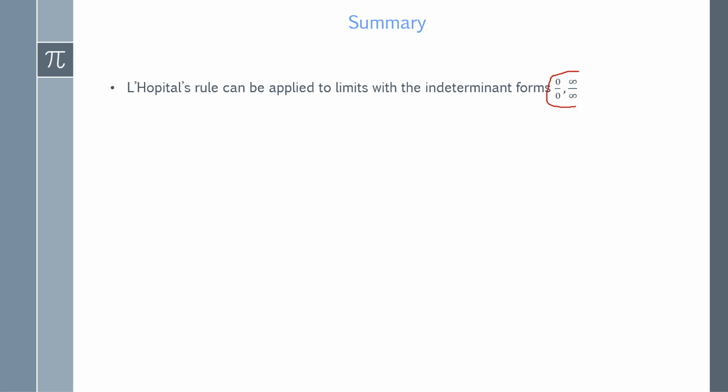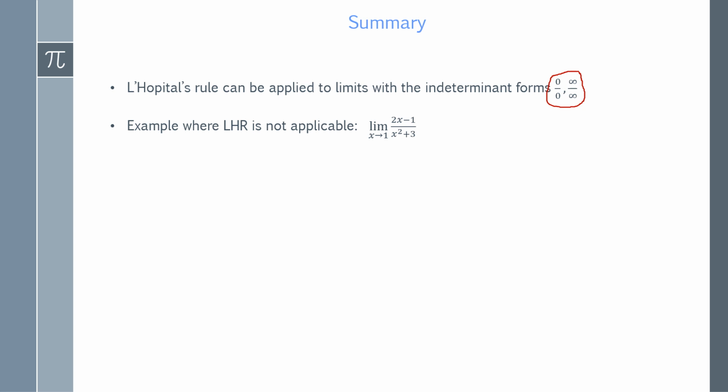Let me do a very quick summary of what we've discussed in today's lecture. First, the L'Hopital rule can only be applied to limits with the two standard indeterminate forms, 0 over 0 or infinity over infinity. And here is an example where this rule is not applicable.